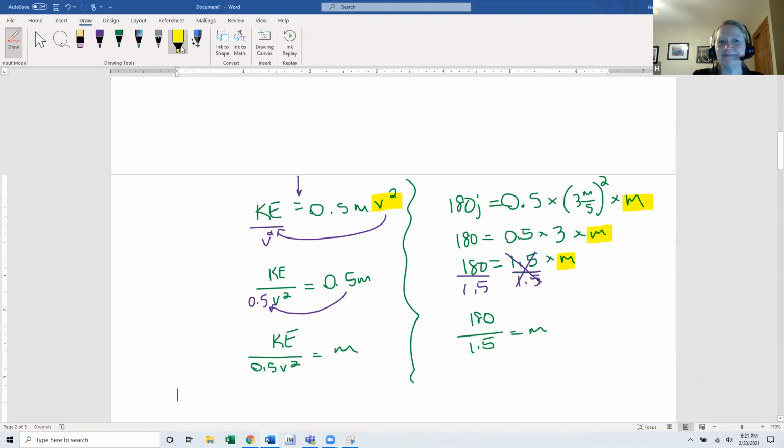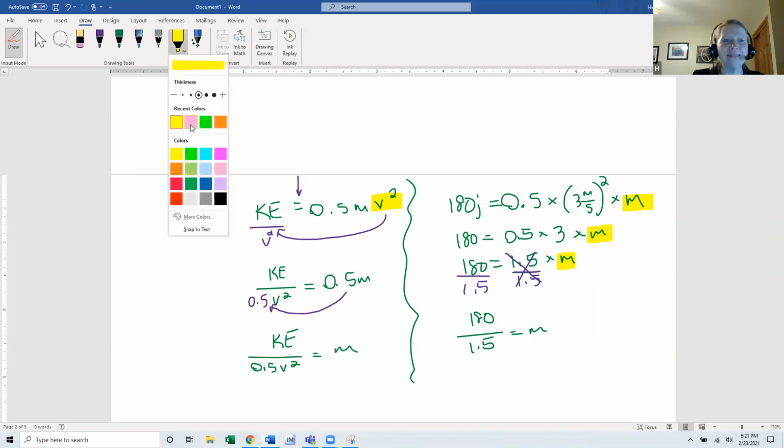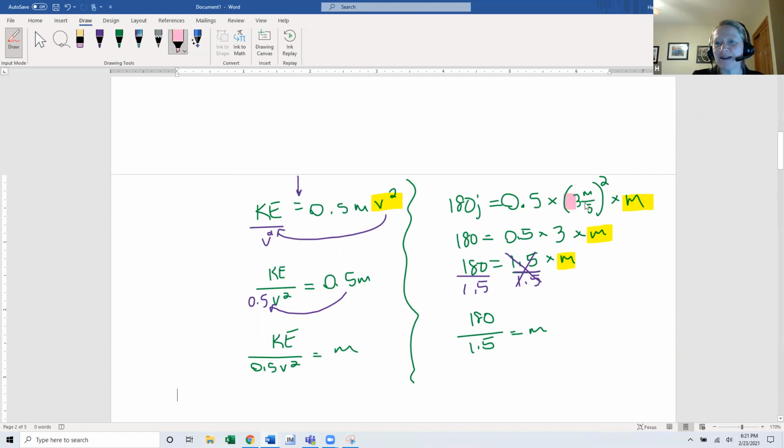Here's where we went wrong. We all did. I led everybody down the path right here. What did we not do right here? And we carried it right to here. What did we forget to do? We have to do it per second.